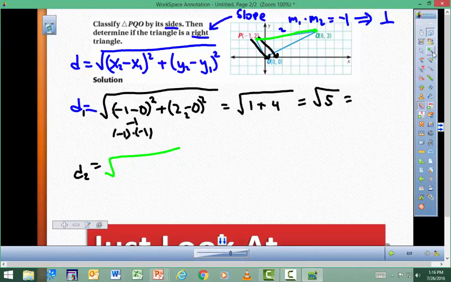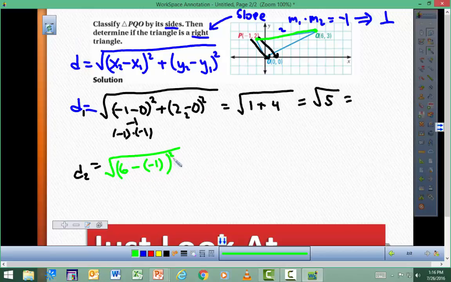Come on. 6 minus a minus 1. And we're going to take that whole quantity and square it. And we're going to add that to the other difference. We have to subtract the y's. So we subtracted the x's, and now we need to subtract the y's. Okay, so that's going to be 3 minus 2, and we square that.